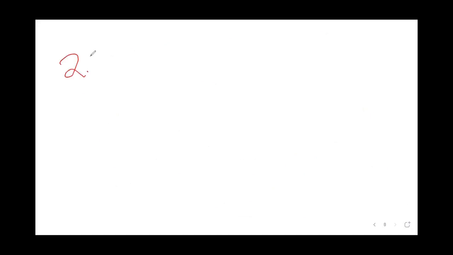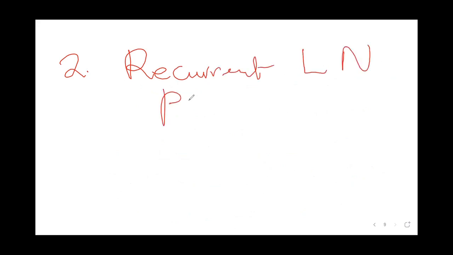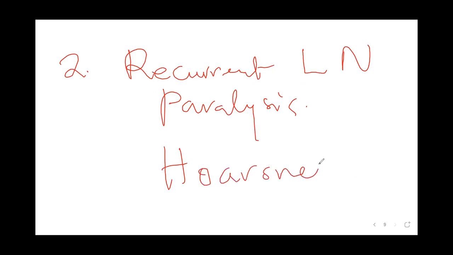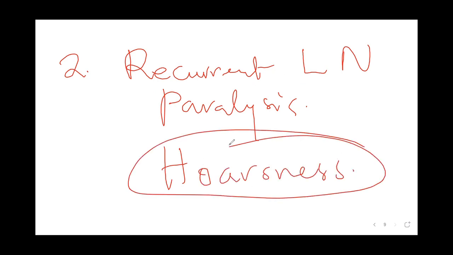Another complication is recurrent laryngeal nerve paralysis. When patients have a recurrent laryngeal nerve paralysis, they can present with hoarseness of their voice.